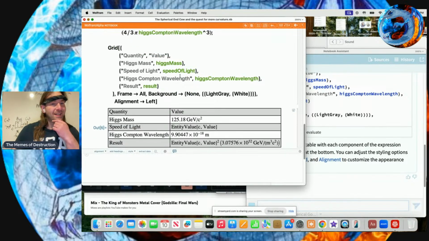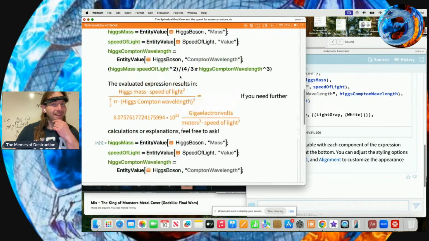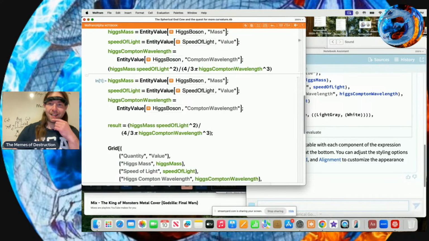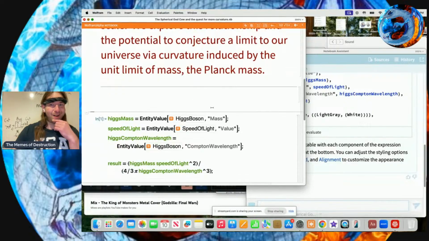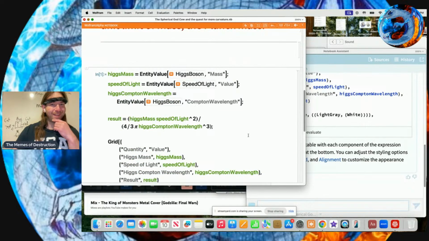Okay. So we have the entity. So we don't need that. We don't need that. I know we haven't even gotten into what we're naming this here. Okay. Higgs mass.